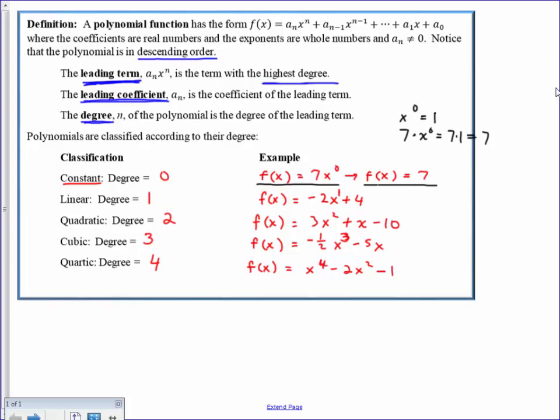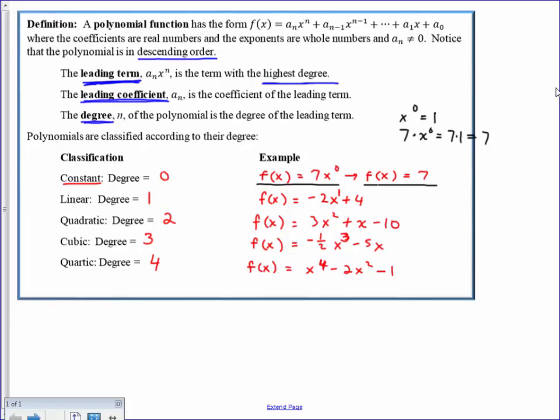I've given you an example here that has highest power of 4. Also notice that you don't have to have all the powers. So in other words, on this last example I have x to the 4th, but I'm missing an x to the 3rd term. I'm also missing just an x term. It's okay if you don't have those other powers. It's just important that the highest power is to the 4th if you're talking about a quartic type polynomial.